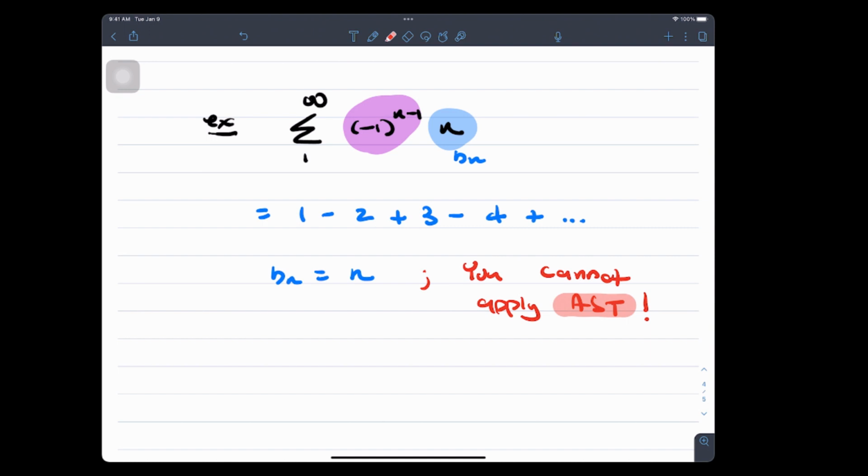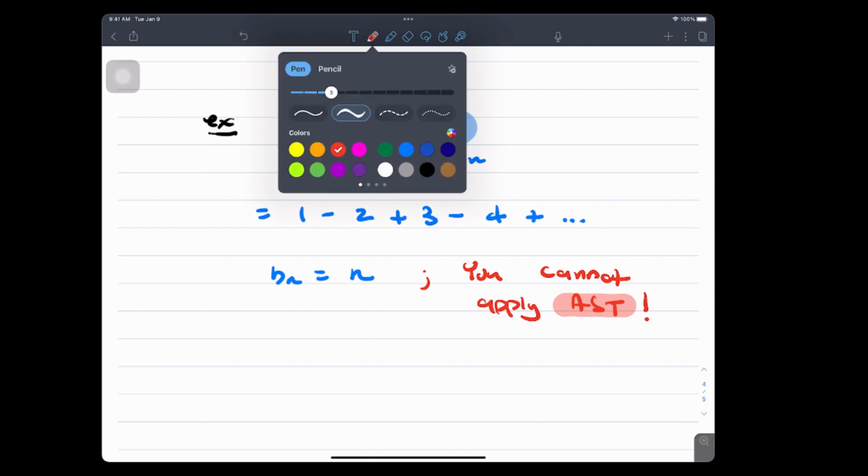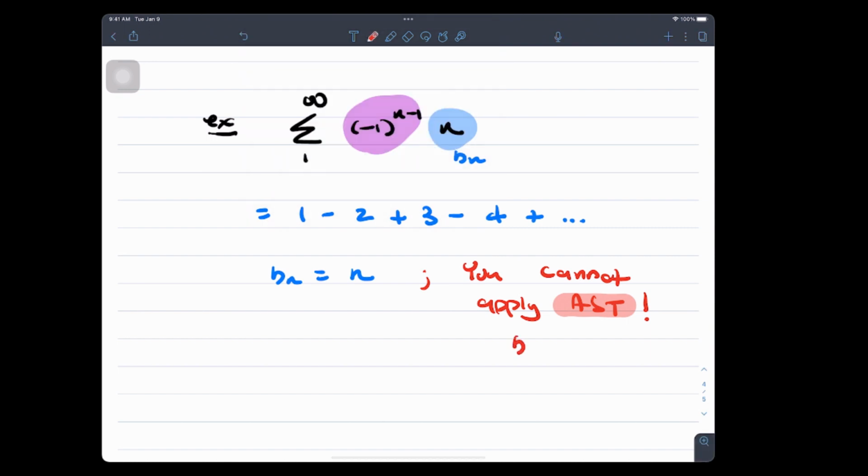Yeah, because Bn is increasing. So the alternating series test does not apply. Are you guys okay with that?